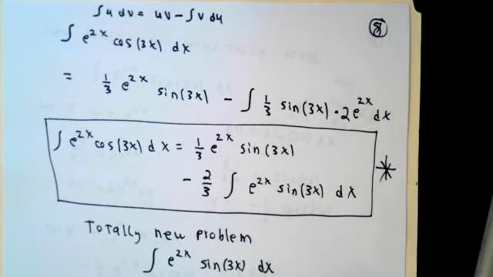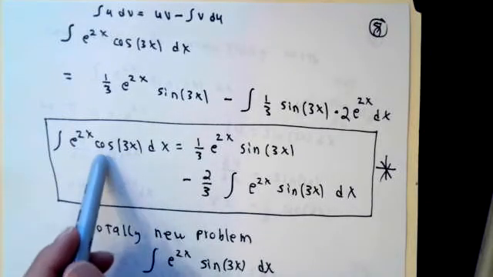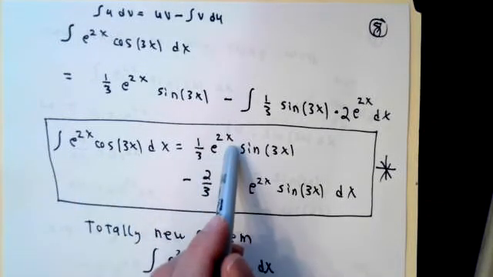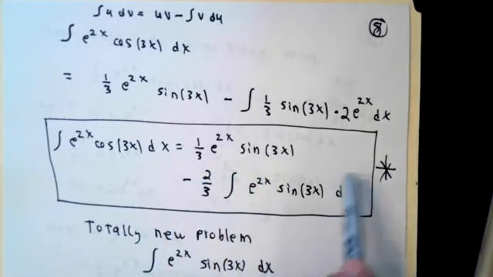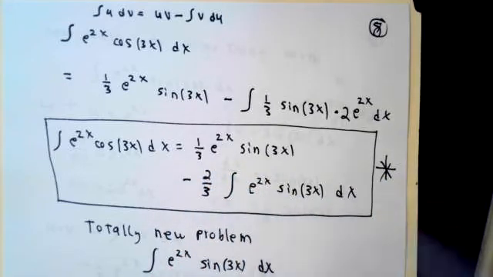If I can figure out some reasonable way of doing that, then the integral that I'm after is going to be this quantity minus 2/3 times whatever I've decided is a reasonable way to deal with this last integral. So forget the other integration by parts. Look only at this. It's a totally new thing.